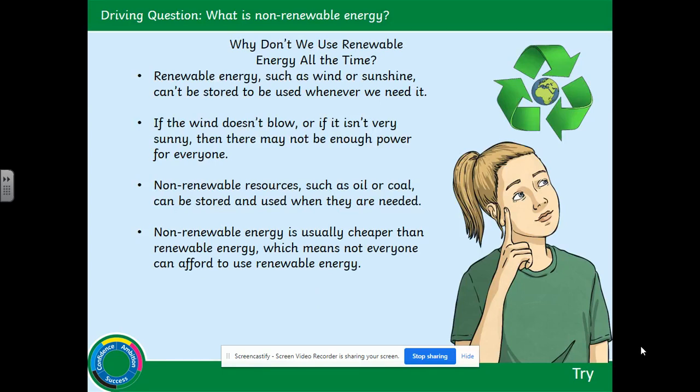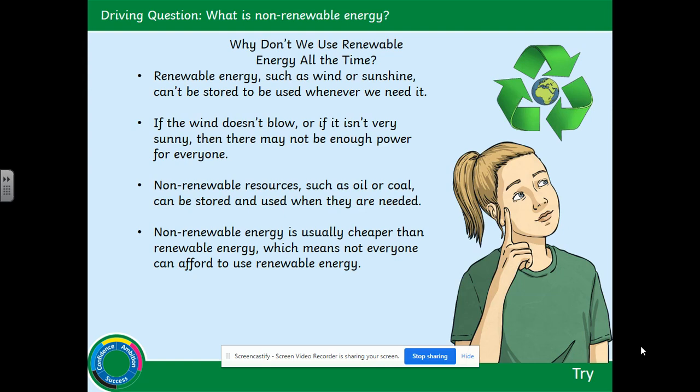Now, why don't we use renewable energy all the time? Now, this was meant to be a question for you to answer. We have done this before, so it shouldn't have been hard. 1. Renewable energy, such as wind and or sunshine, can't be stored to be used whenever we need it. 2.